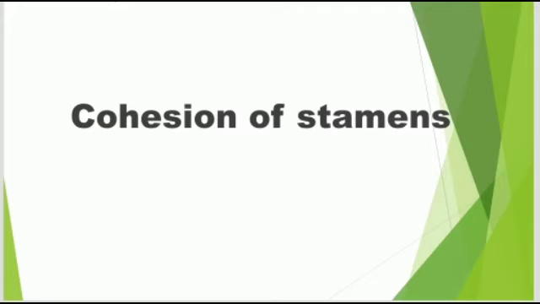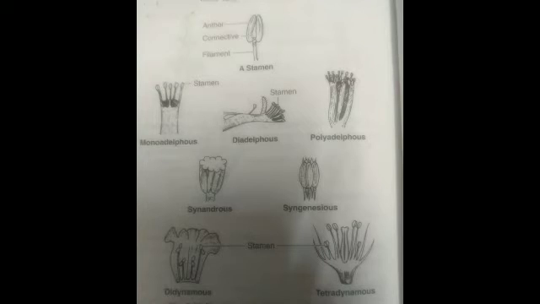In many plants, stamens are united also to different extent. So there are various conditions of cohesion of stamen. So first one is adelphous condition. It may be monoadelphous, diadelphous or polyadelphous.